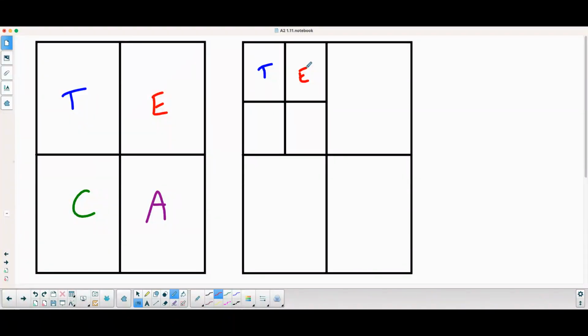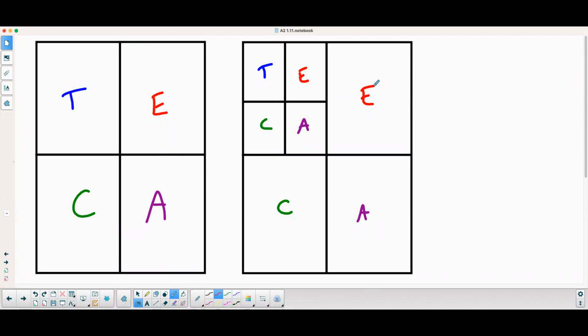Tyler, Elena, Andre, Claire. Now the other ones stay the same. That's still Claire's. That's still Andre's. And this one is Elena's. So what fraction does each person have here?